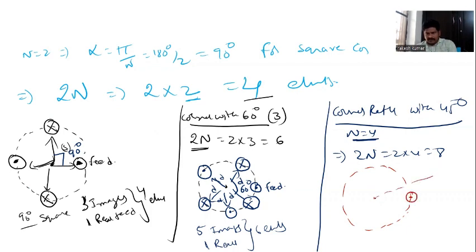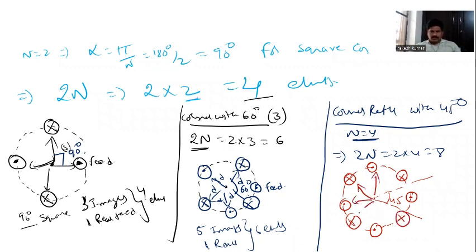Here the angle is 45 degrees. Second element, third, fourth, fifth, sixth, seventh, eighth element. All are separated by the same distance. In this, how many images? 7 images and one real.